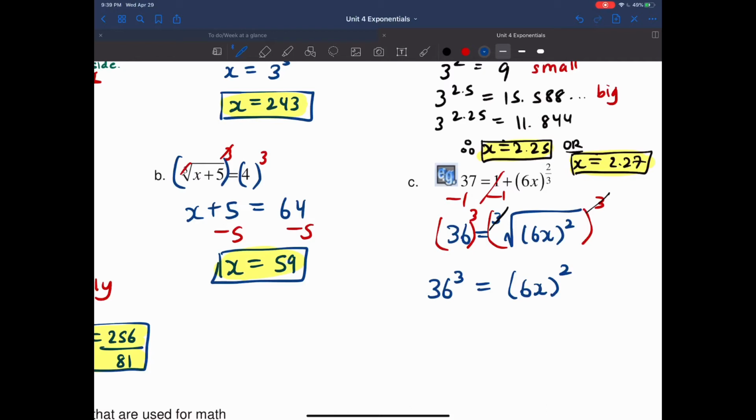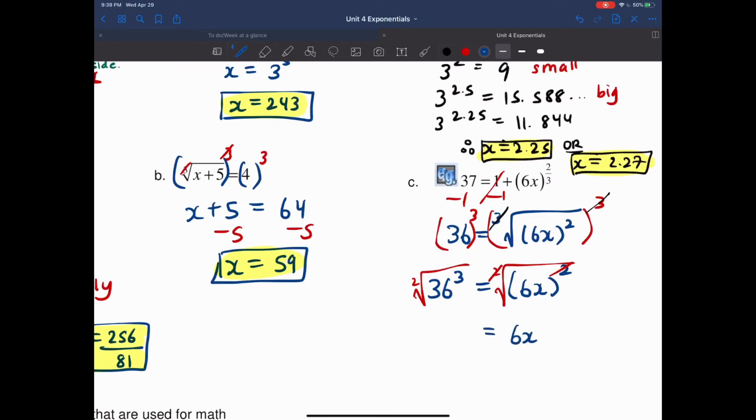At this point, again, I'm trying to get x by itself. So there's no point in cube rooting these two things, because it's not that I want 36 by itself. I want to get rid of the things on the x, so I'm going to square root it. And even though I don't have to, I'm going to put a 2 there just so you know that I'm clearing that side.